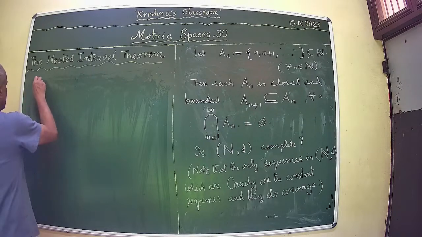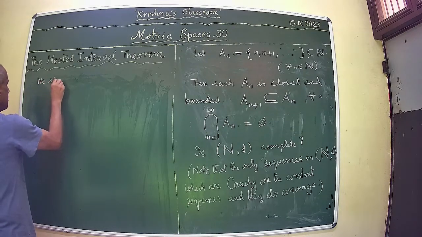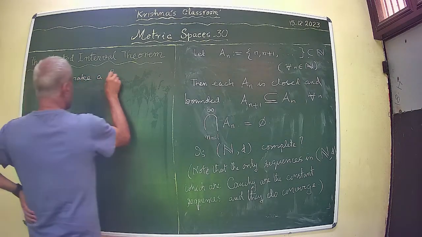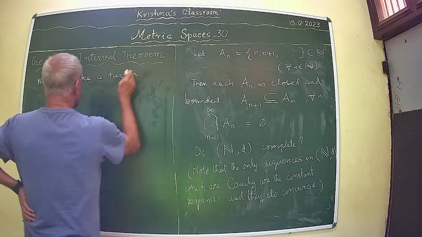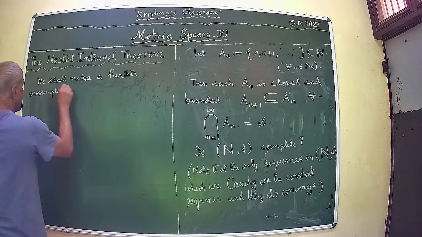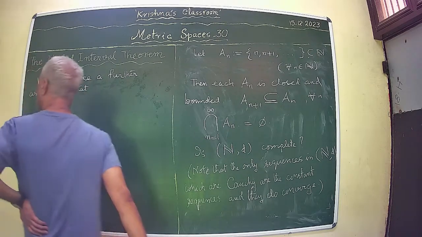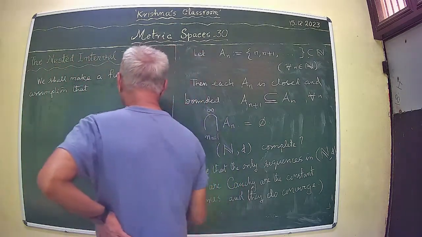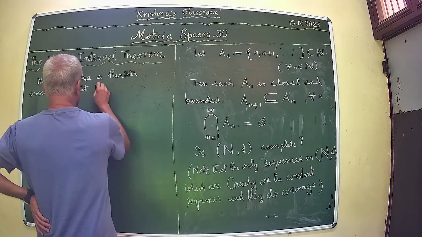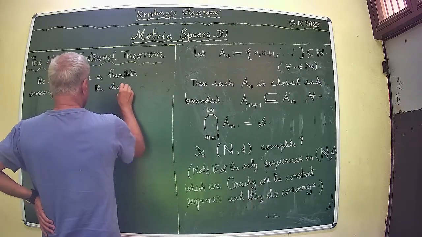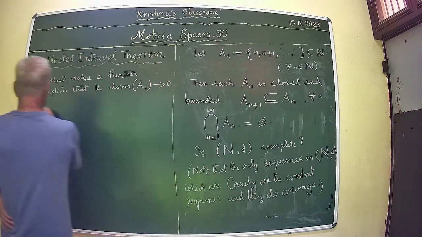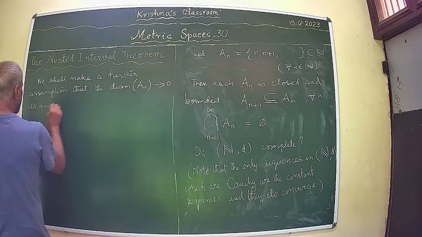So we shall further assume that the diameter of An goes to 0 as n goes to infinity.